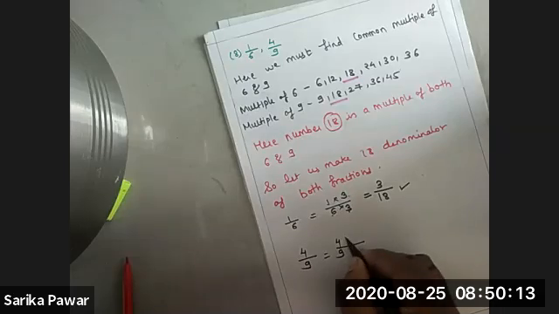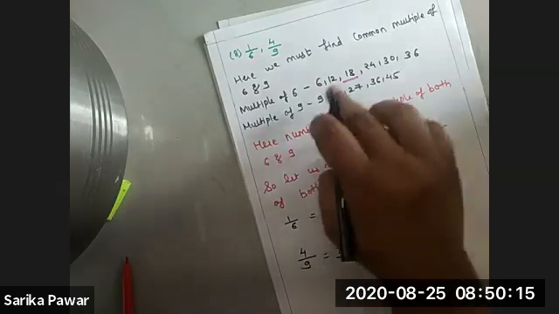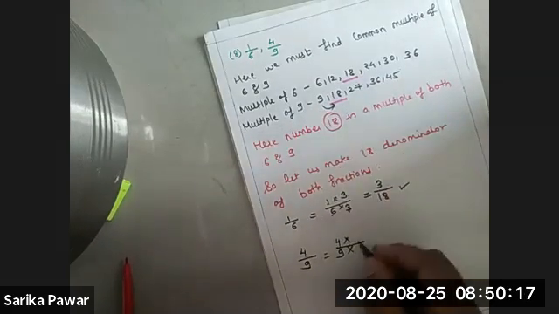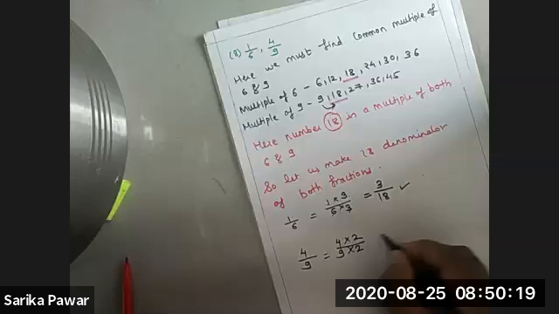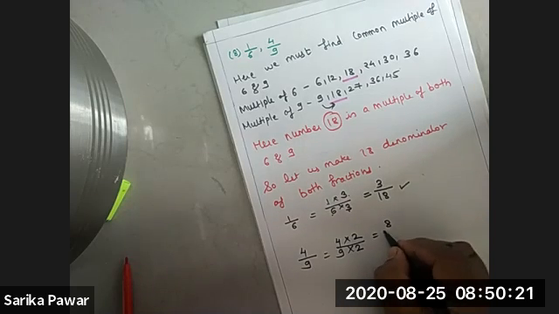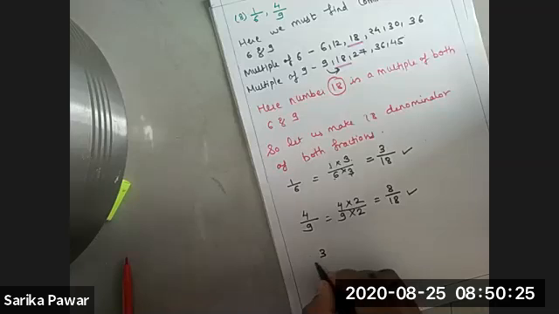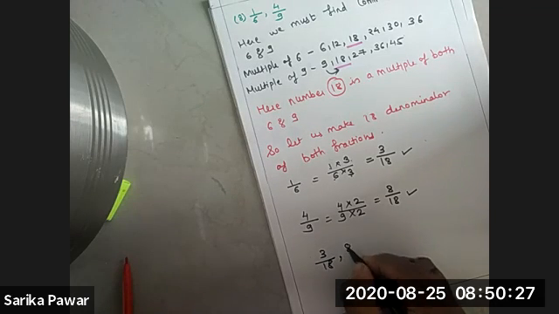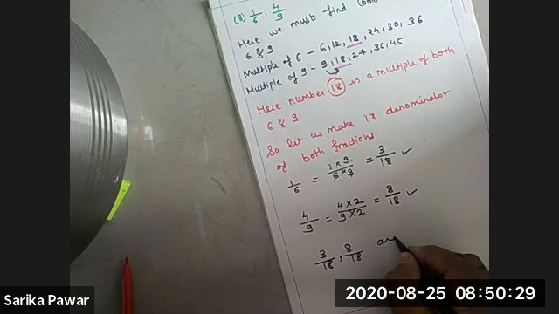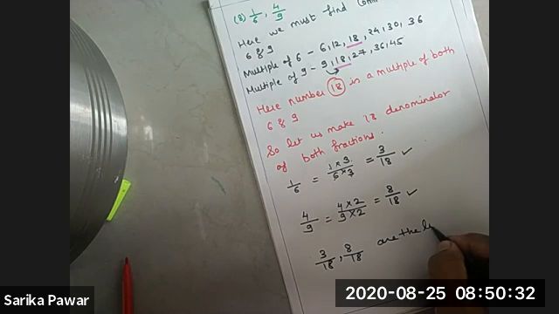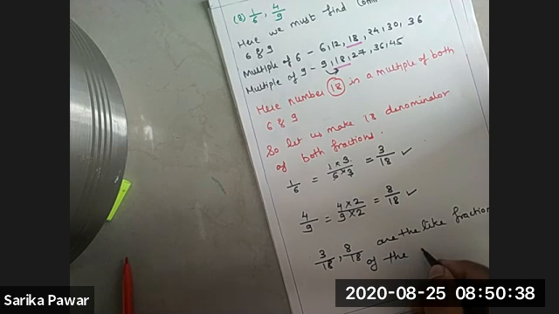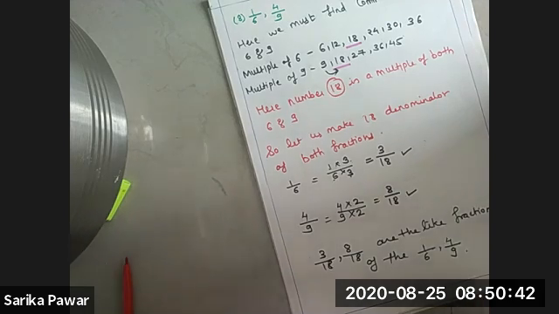By which number will we multiply? 9 2s are 18. The same number we have to multiply in the numerator. 4 2s are 8, 9 2s are 18. So 3 upon 18 and 8 upon 18 are the like fractions of the given fractions, meaning 1 upon 6 and 4 upon 9.